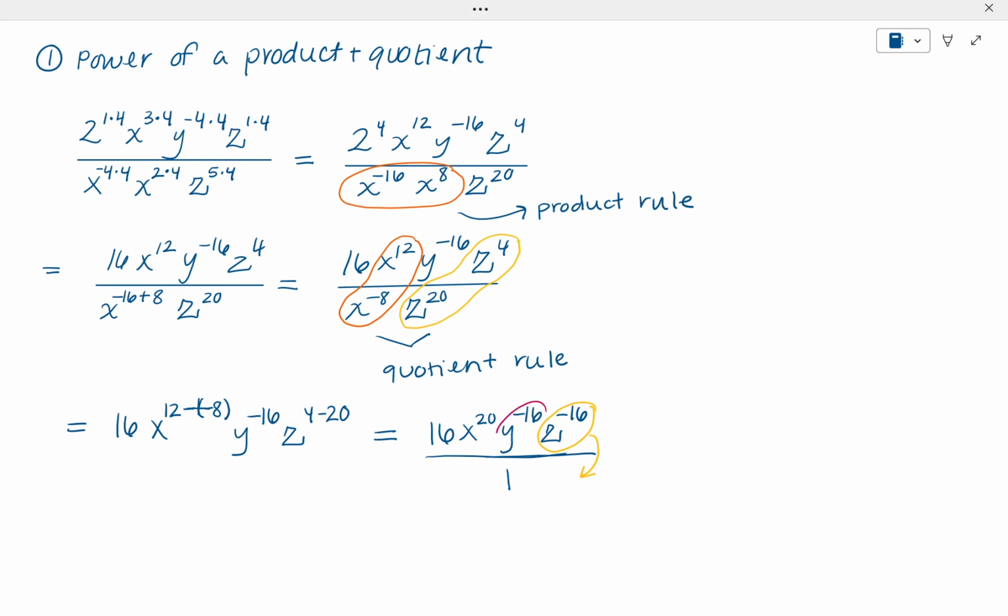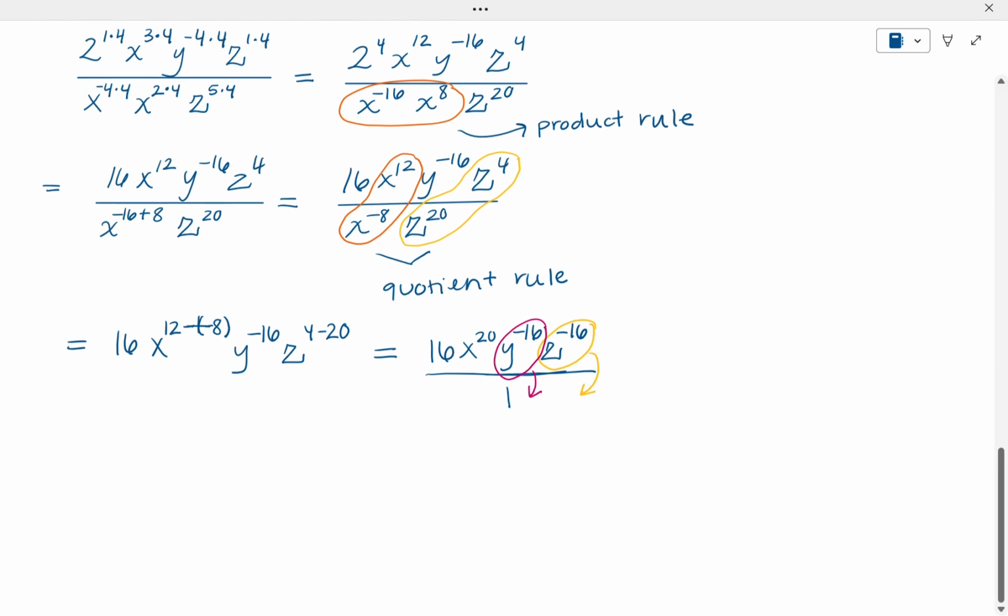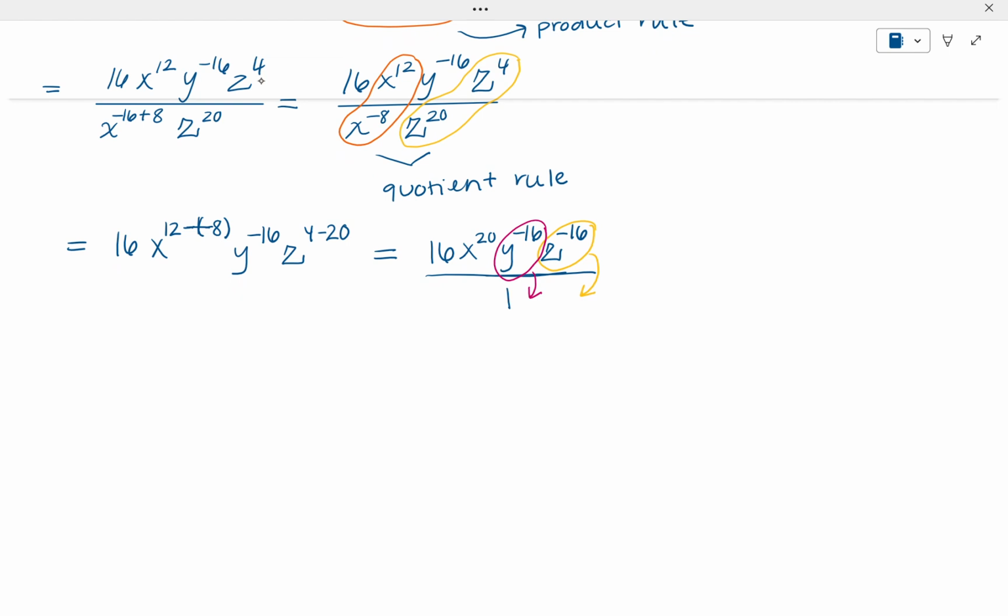So here we have the y and the z that have a negative exponent, and so by moving these terms into the denominator, we will have positive exponents. So this becomes 16 times x to the 20th over y to the 16th times z to the 16th.